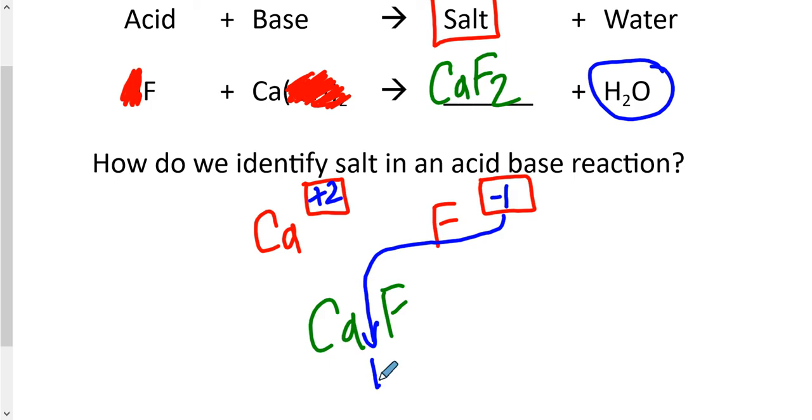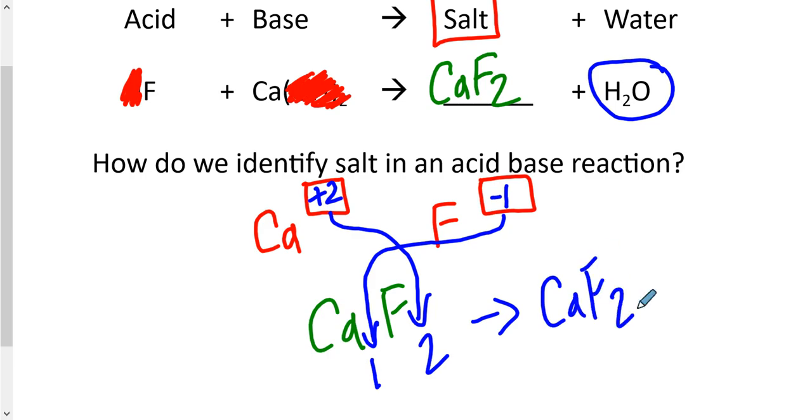Don't forget to ignore charges. And you can bring the exponent of calcium and write it as a subscript for fluorine. And this is how we can get CaF2 if you're using the crisscross method. And that's our missing salt.